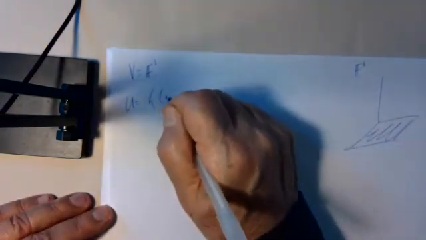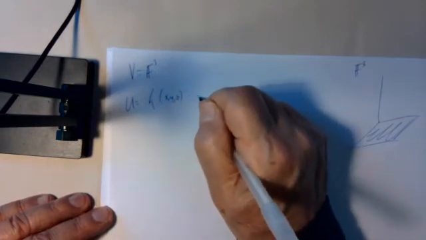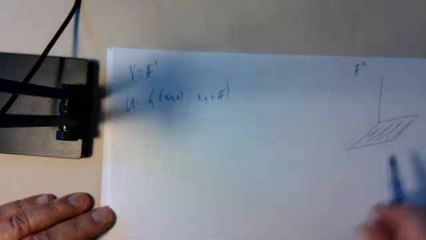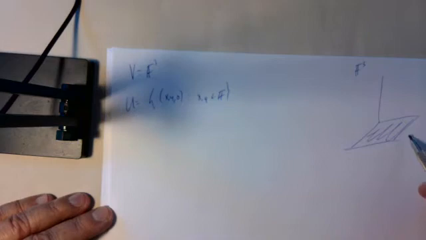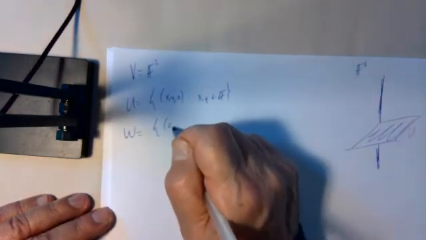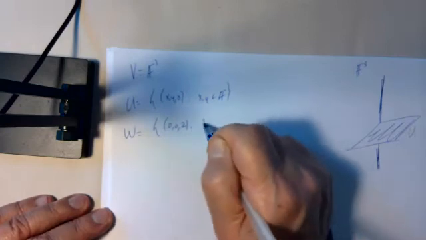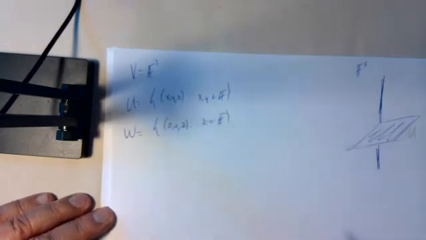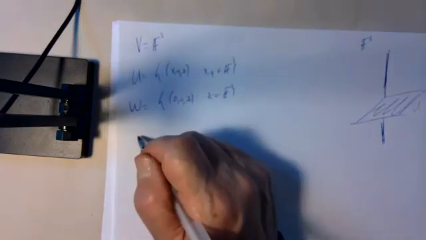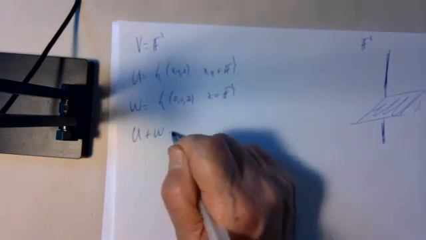That means all vectors of the form x, y, 0, where x and y are in F. So this is U. And suppose I let W be the z-axis, everything in the form 0, 0, z for z in F. So what is the sum U plus W?